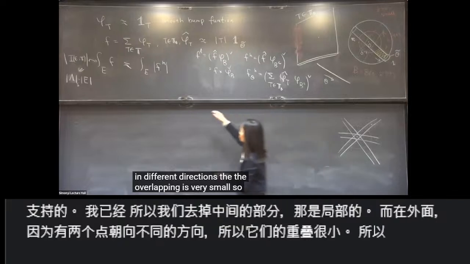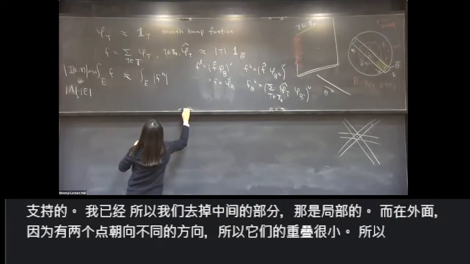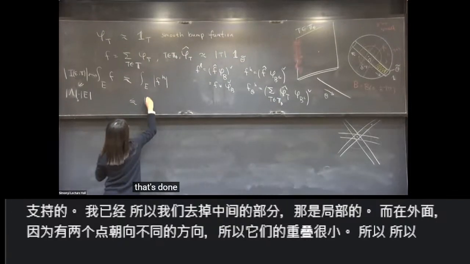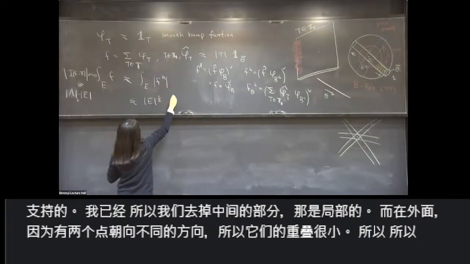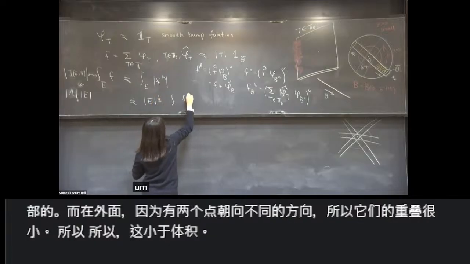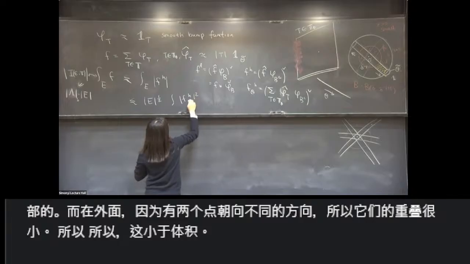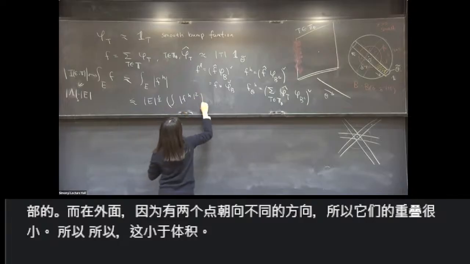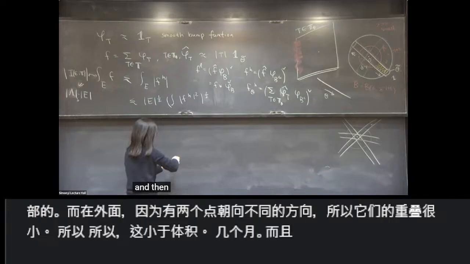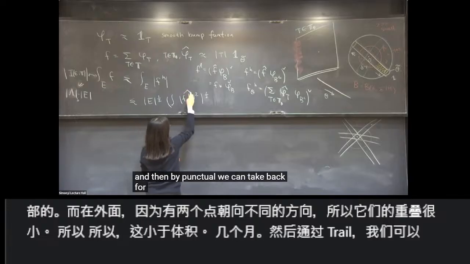So this is less than the volume of E to the 1/2, by Cauchy-Schwarz. And then by Plancherel, we can take the Fourier transform.